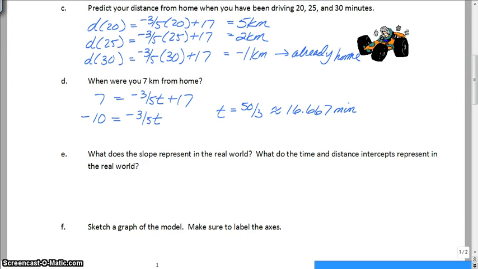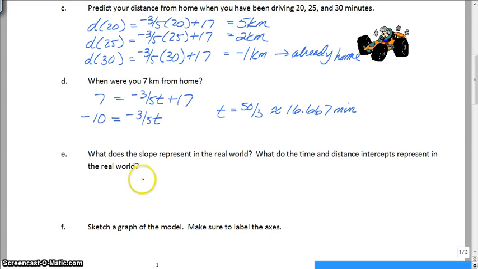E. What does the slope represent in the real world? So I'm not asking you to say rise over run. For this particular problem, what do the time and distance intercepts represent in the real world? So again, pertaining to this problem, not when x is 0 and y is 0.